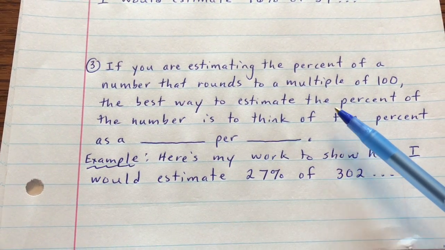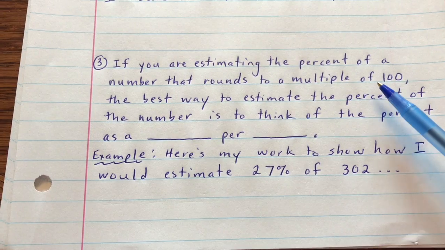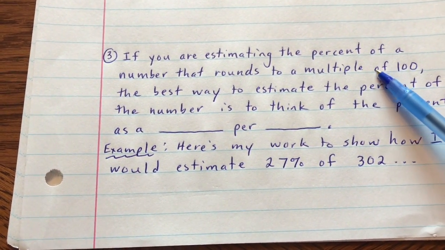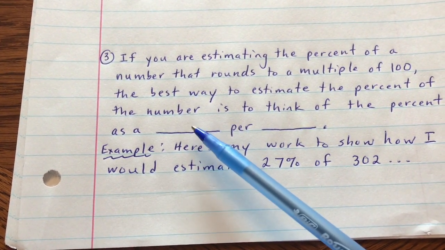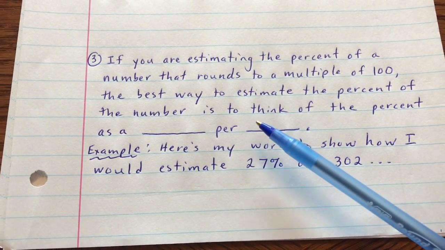So if the number that you're finding the percent of is close to something like 100, 200, 300, a multiple of 100, then what do you want to think about in terms of the percent? You want to think of it as a blank per blank. So this was the last method we looked at.